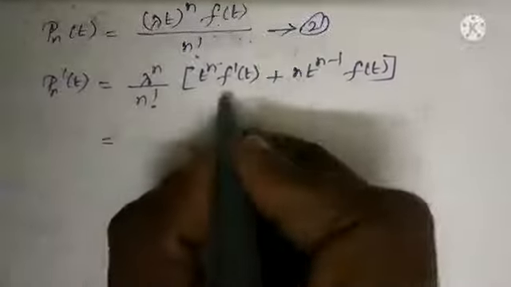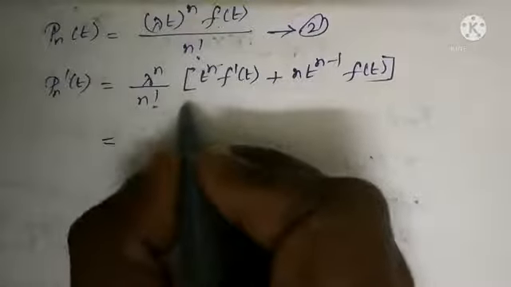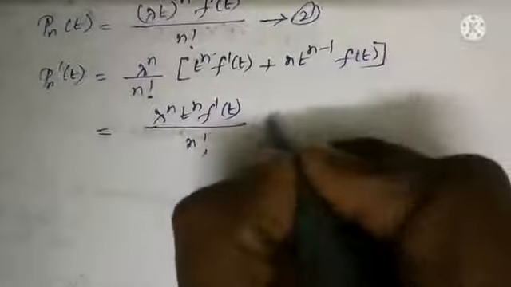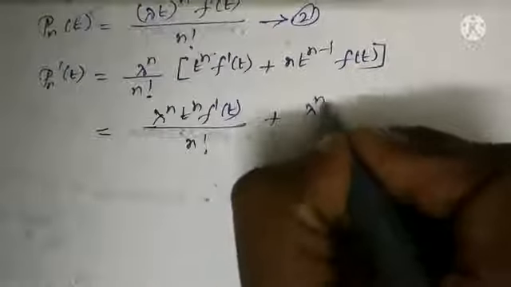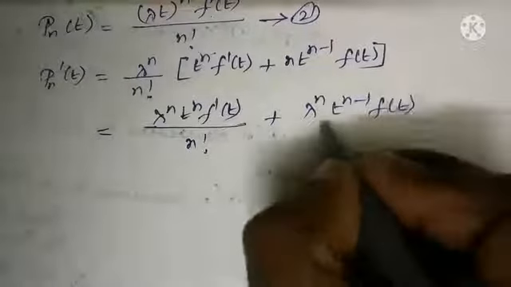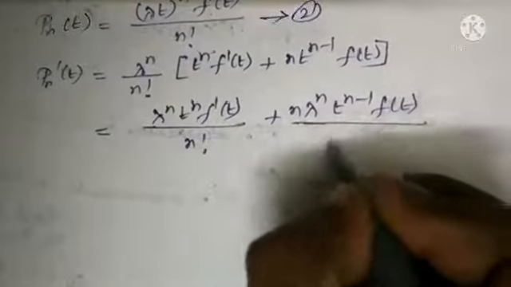Which can be written as C lambda power n t power n f dash of t by n factorial, plus lambda power n t power n minus 1 f of t, we have n already, divided by n factorial.